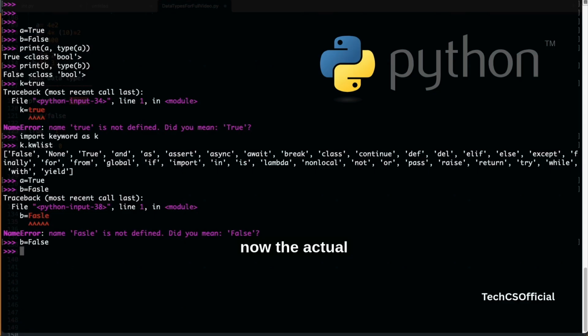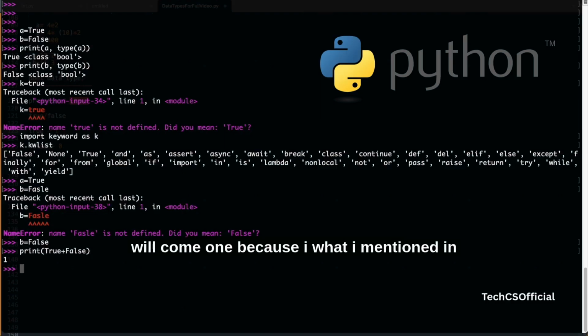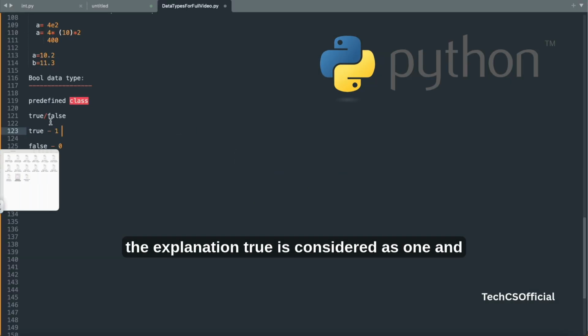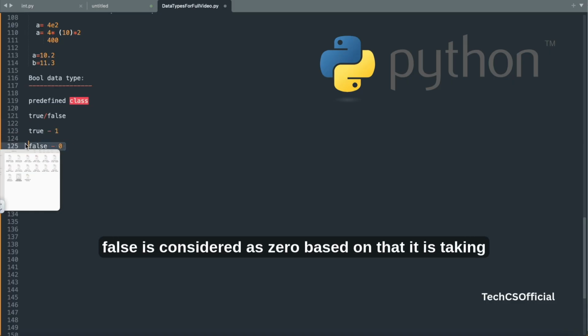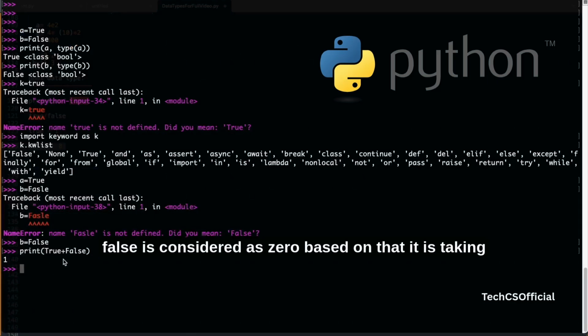Now the actual Python programming will start here. You can see what the result is. Print True plus False. What is the result here? It will come 1, because as I mentioned in the explanation, True is considered as 1 and False is considered as 0. Based on that, it is taking the result.